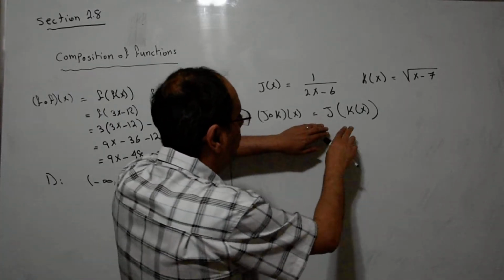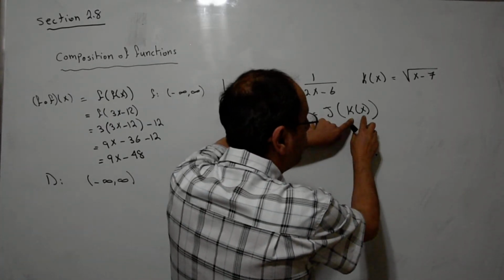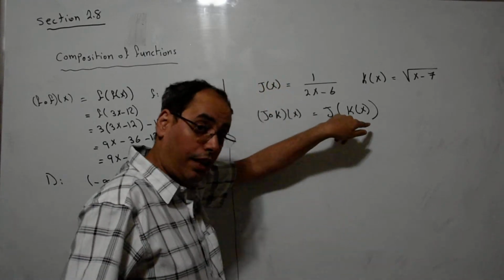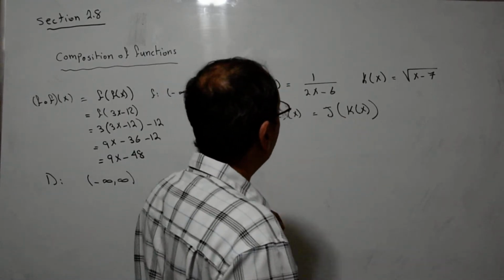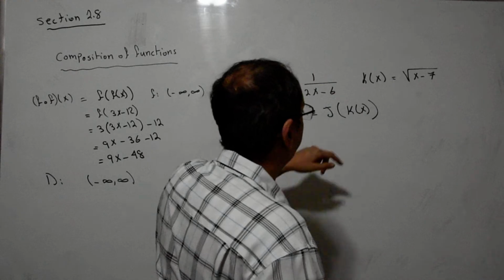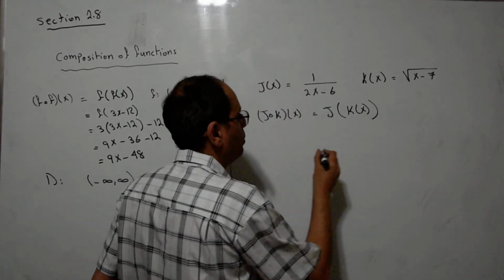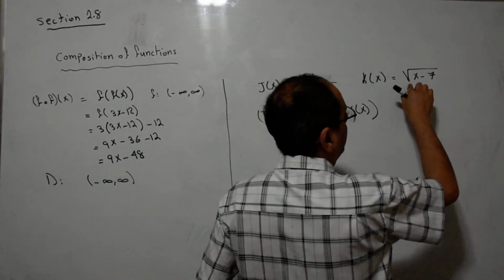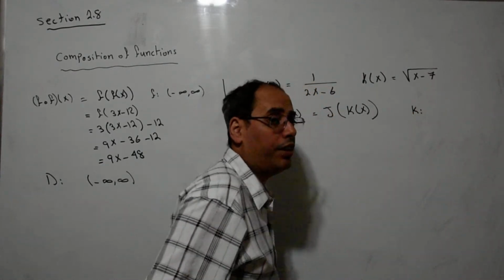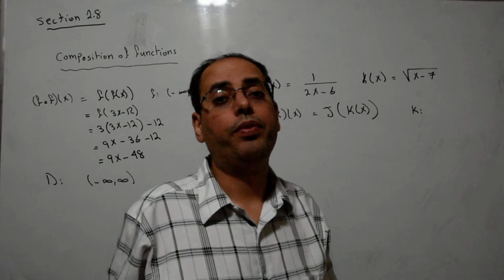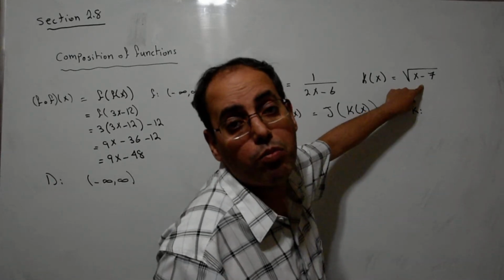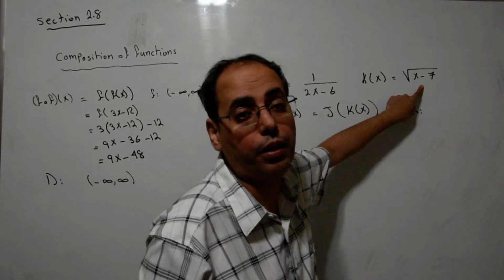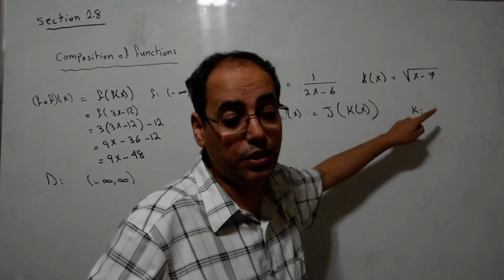Alright, so now I have to test the domain of this function first, the inner function. So what's the domain of k of x? The domain of k, which is the square root of x minus 7. When I go with square root, the radicands must be 0 or greater than 0.